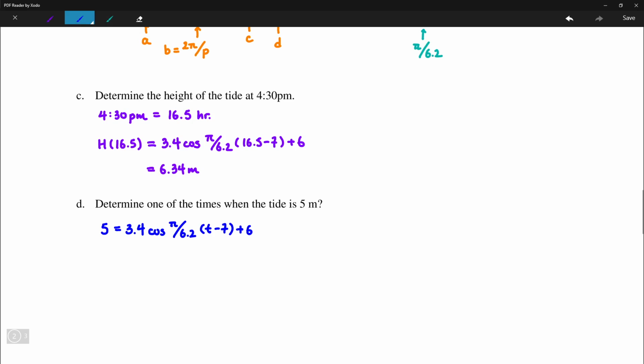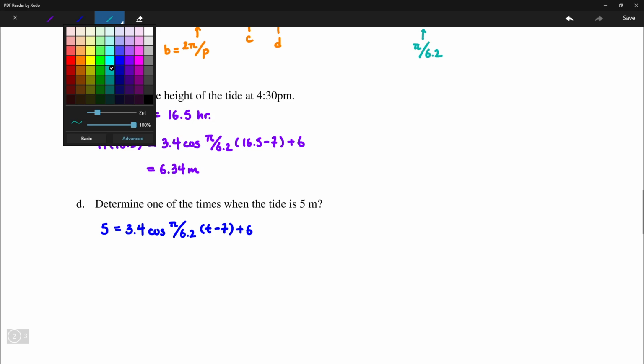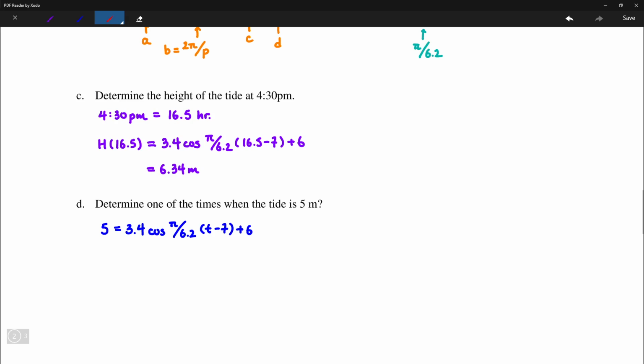So the first thing we can do here is subtract both sides by 6. Let's go ahead and do that first. So the left-hand side will be -1, and the right-hand side will be 3.4 cosine, and then pi over 6.2, and then t minus 7. So just one step. And then next thing we can do is divide both sides by 3.4.